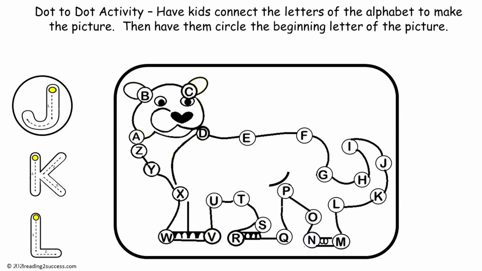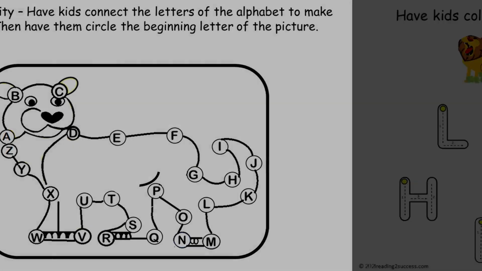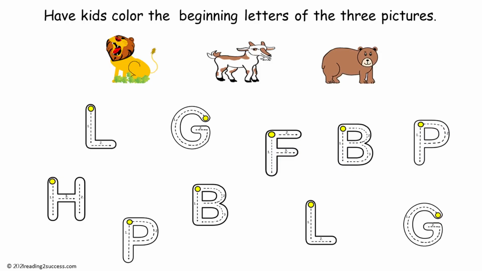Now kids are ready to color it in. And now have kids color the beginning letters of the three pictures: lion, goat, and bear. And this is a completed example.